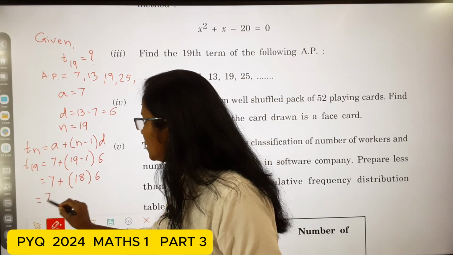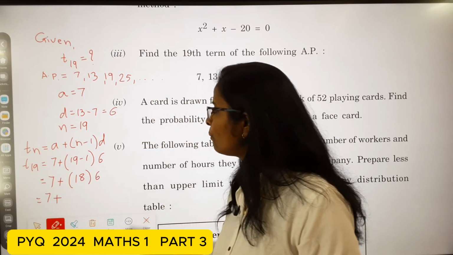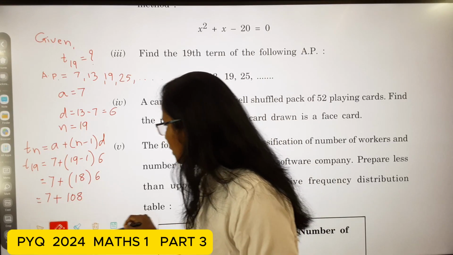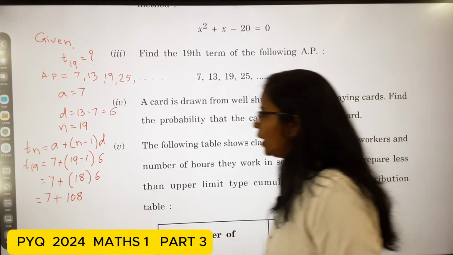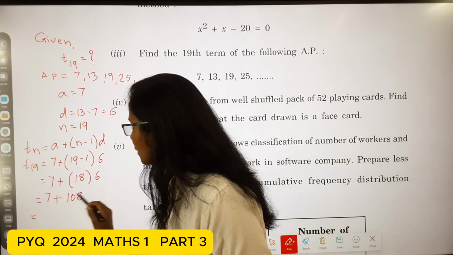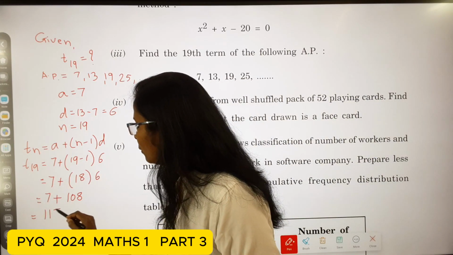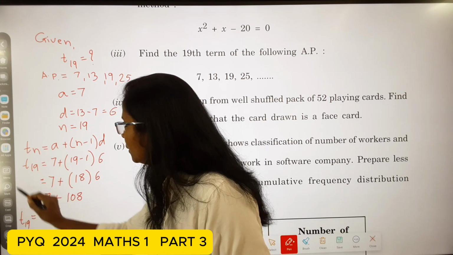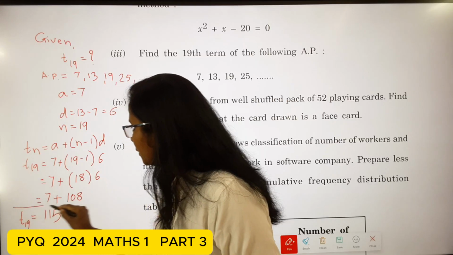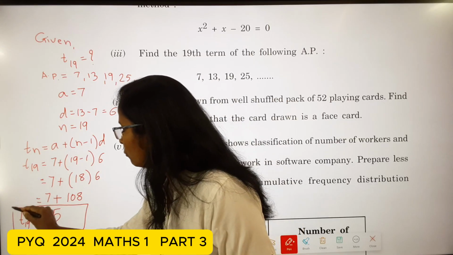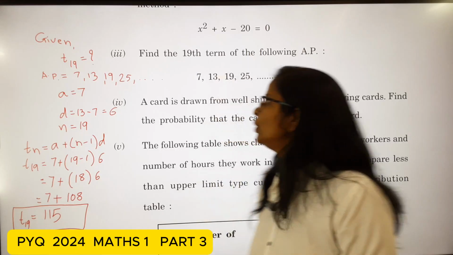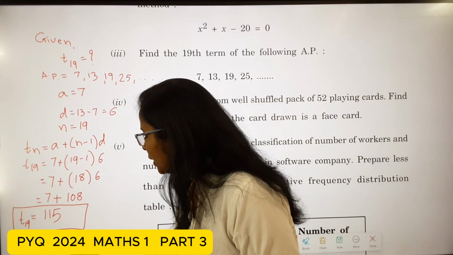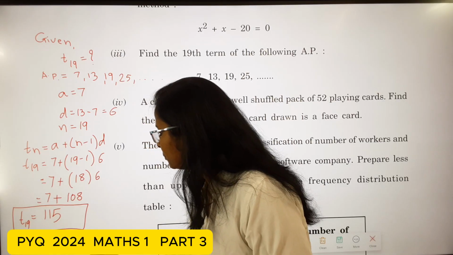So now 18 times 6 is 108. Okay. So now 7 plus 108 is 115. So T19 is equal to 115.